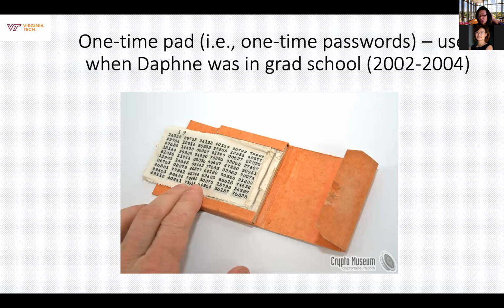Interestingly, this is not as ancient as you thought. When I was in grad school, our department, before transitioning to a public key system, used one-time pads, although it's not infinitely long. The one-time pad was, I think, like 20 or 25 numbers, and then probably it was repeated, just XOR.